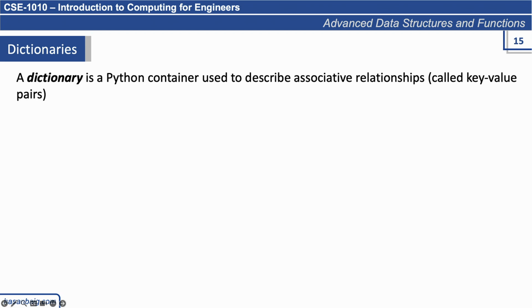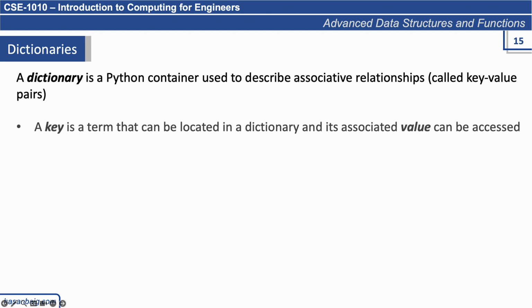In a dictionary, you can actually associate the data specifically to the key. Instead of saying that the first data belongs to Hersey, I would rather say that Hersey is the key and its corresponding data is present as a value. So the key is a term that can be located in a dictionary and its associated value can be accessed.